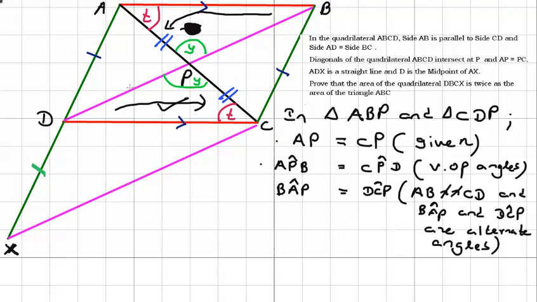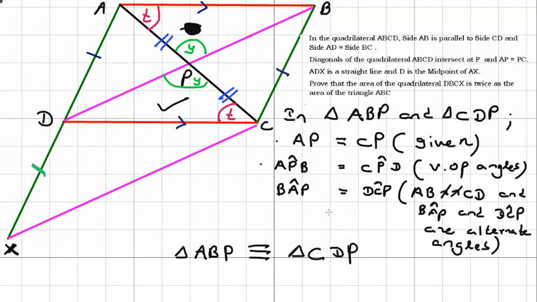Got it? So which means we can say triangle APB is congruent to triangle CDP. And within brackets, what do these three lines mean? It's the symbol for congruency.